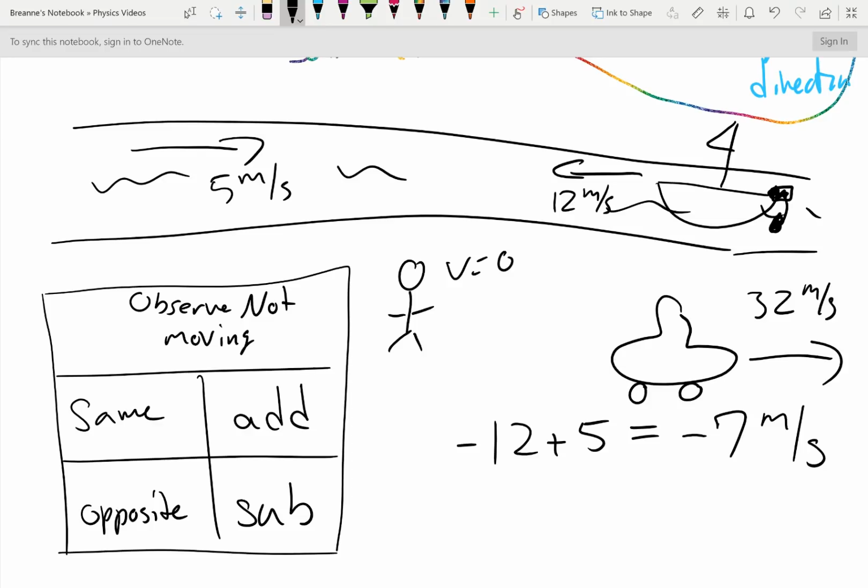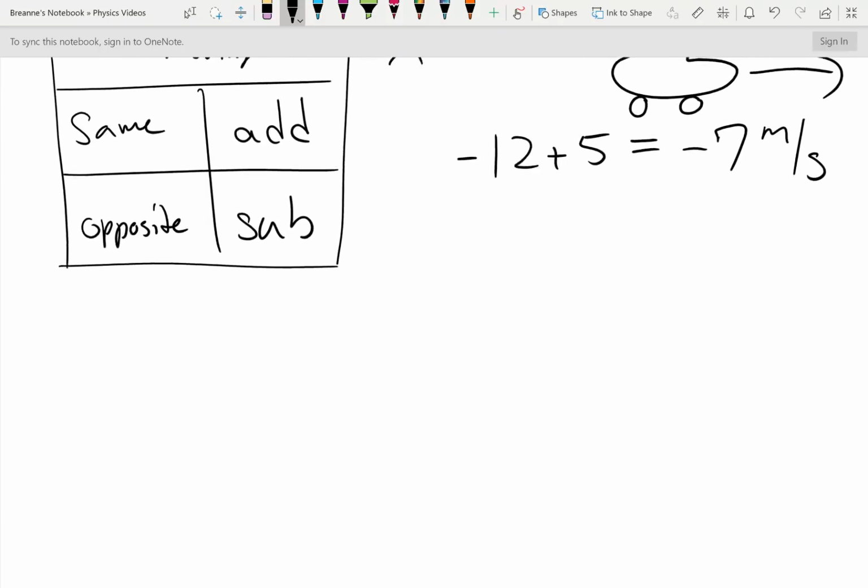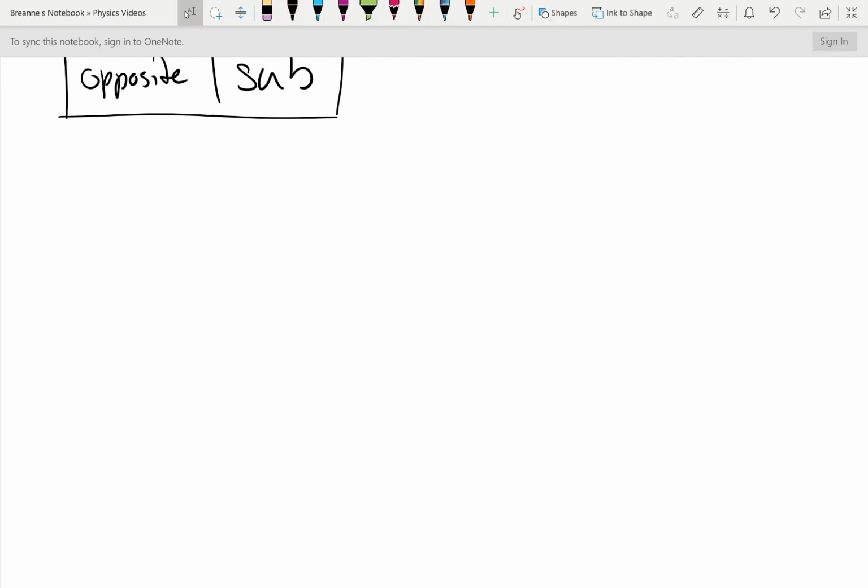To the car, the person is going further and further away from them, the opposite direction. Again, only one vector, no math needed. Just think about it: if the observer is moving and the object's not, the direction is flipped. So now we have the plane. So we're going up in the sky. So we have the plane and the bird.